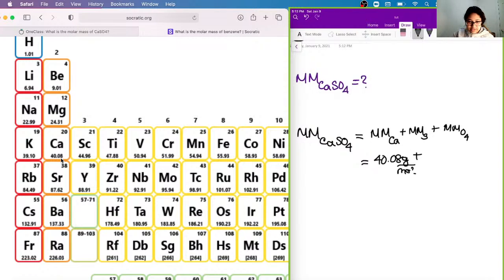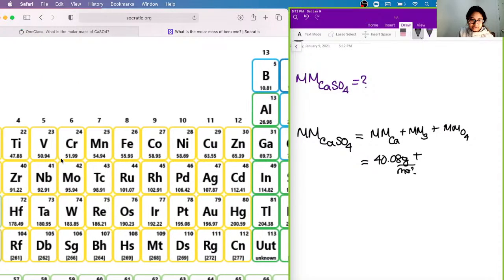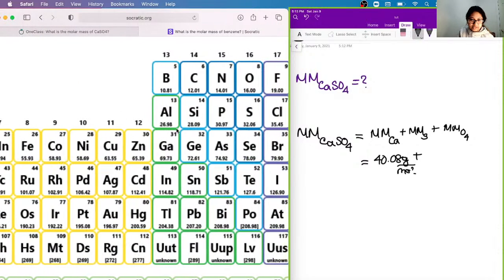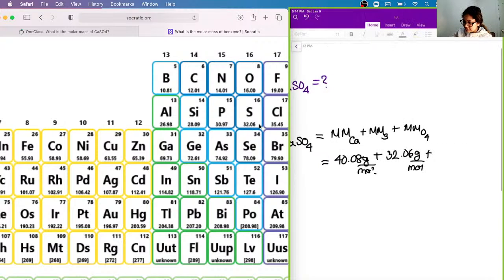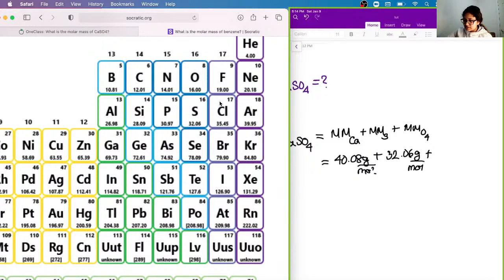Plus the molar mass of sulfur, which is 32.06 grams per mole. And lastly, oxygen. We have 4 oxygens, so we multiply the molar mass by 4, so plus 4 times 16.00.